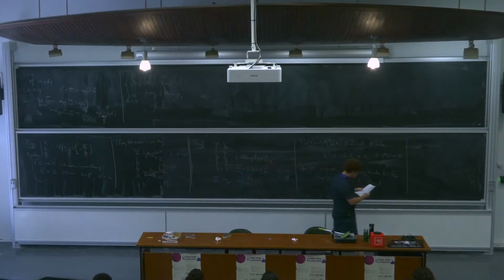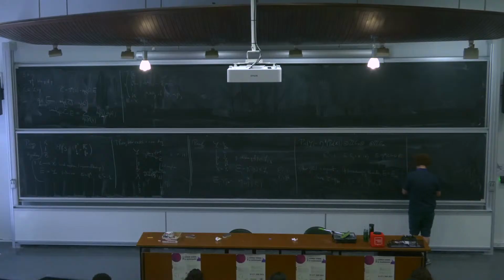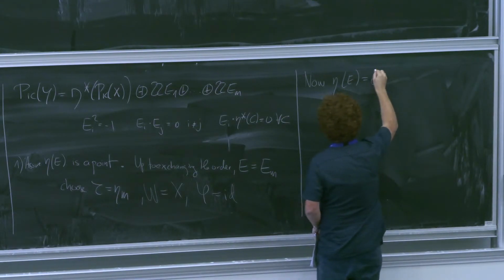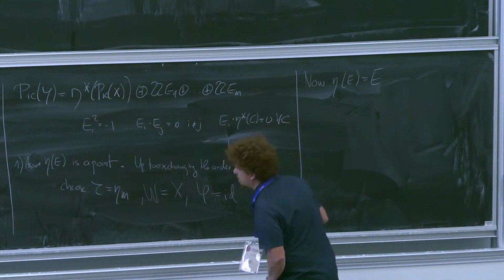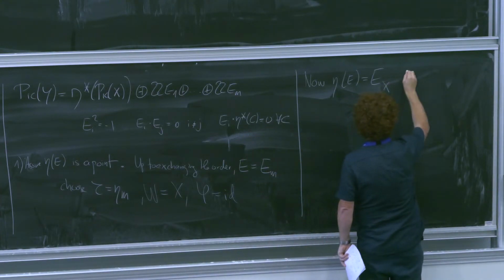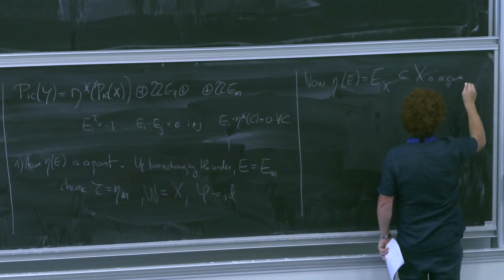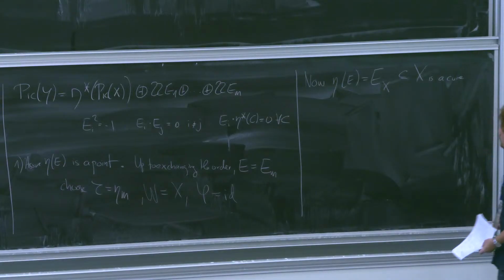So now eta e, I will call it e x because it's in my curve inside, is a curve. As the image of a curve by a morphism is either a point or a curve, it's irreducible.